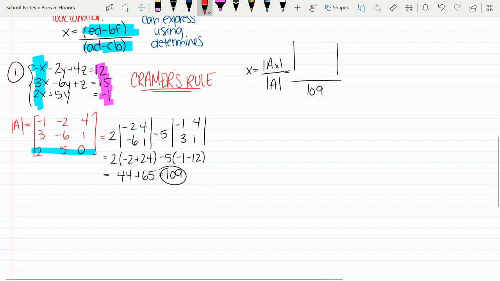So my first row of the matrix is going to be 12, 15, negative 1. All the other columns are going to be the same as our original matrix. So these will still be the y coefficients, and these will be our z coefficients. So I just replaced the x coefficients with the answers, with the constants.